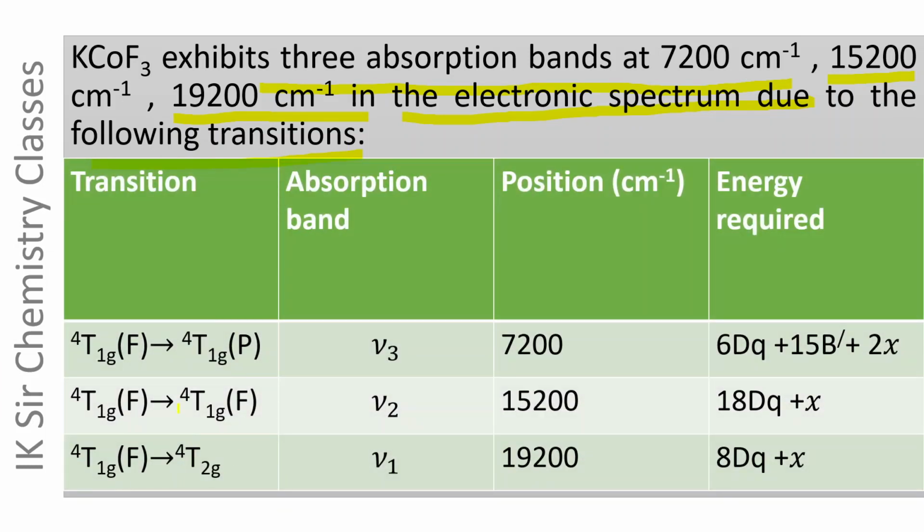As discussed earlier, the first transition requires 8 dq plus x in amount of energy. The second requires 18 dq plus x, and the third transition requires 6 dq plus 15B' plus 2x amount of energy. All these have been discussed in the earlier slide.